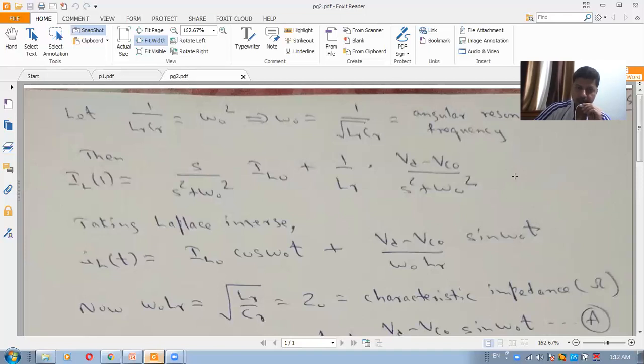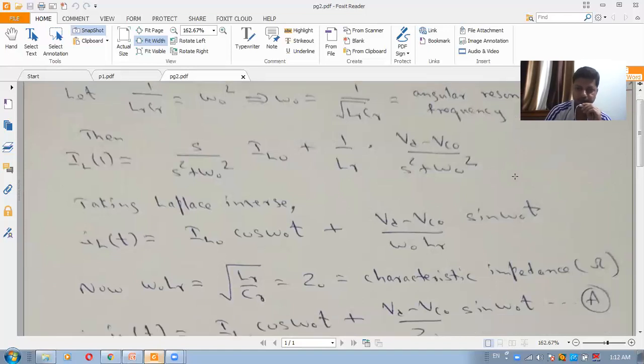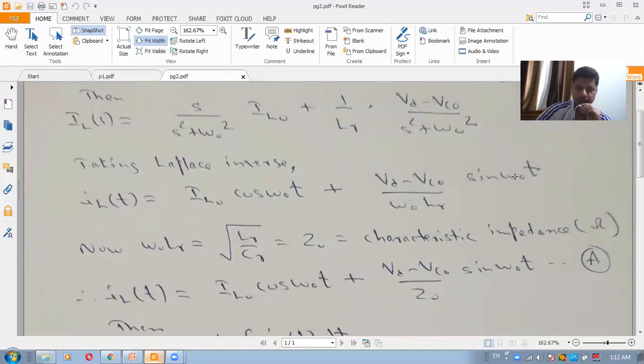Now, this omega 0 LR term, if we substitute the value of omega 0, becomes under root of LR by CR, that we can call Z0, the characteristic impedance. And so then IL of t becomes equal to IL0 cos omega 0 t plus Vd minus Vc0 upon Z0 into sine omega 0 t.